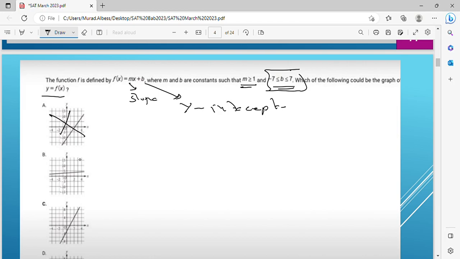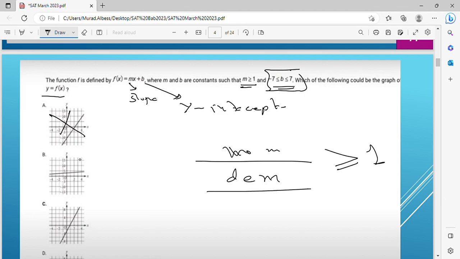Here, for m greater than or equal to 1, the slope to be greater than or equal to 1, the numerator should be greater than the denominator. The numerator is the going up or down. The denominator is the going left or right.